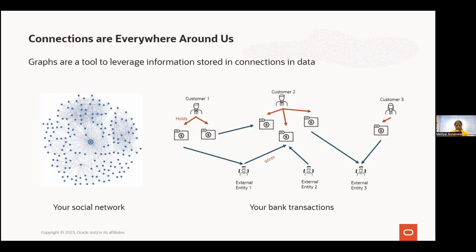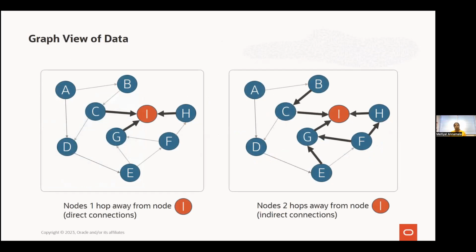And graphs are really good at finding things like, are there direct connections? Like here are direct connections. And also the interesting thing about I is that it's a highly connected node in your graph. You have lots of nodes in this graph, but I has 3 incoming connections, so it's highly connected.